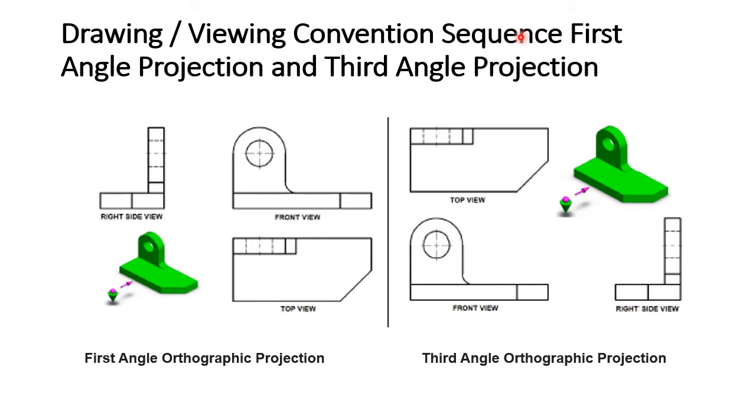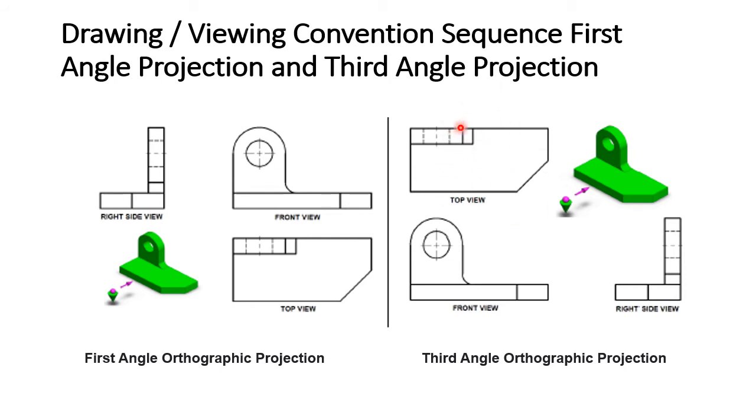While in the third angle projection, the observer is on the right side of the object, and the orthographic view is projected on a plane located on the viewpoint of the object. So the right view is projected on the right side of the front view, and the top view is projected above the front view.